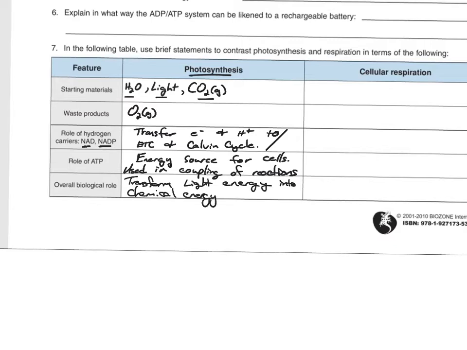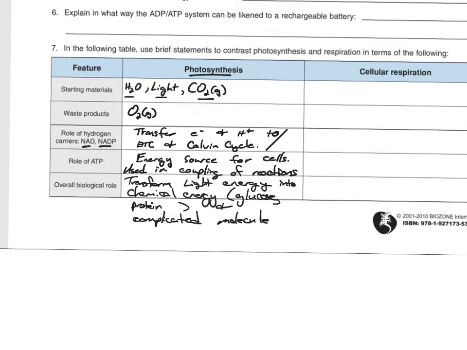Specifically what? Glucose. And it's not just glucose. Glucose, proteins. It's used to make a lot of stuff. So we can say chemical energy and more complicated molecules.